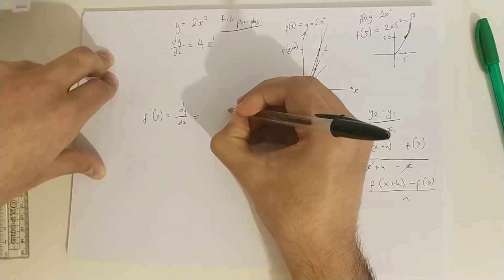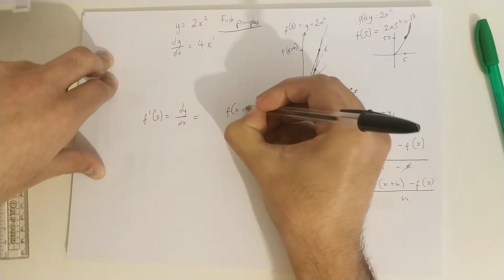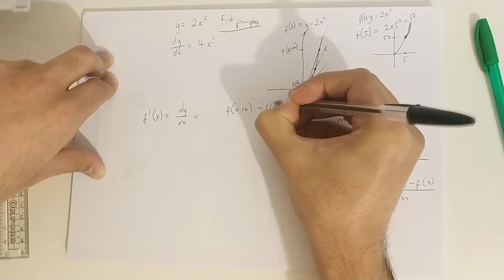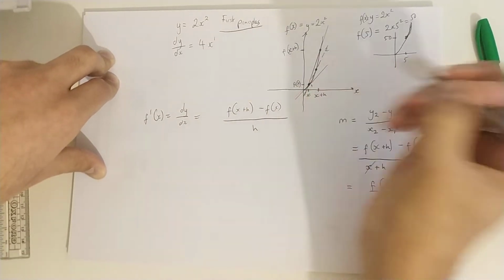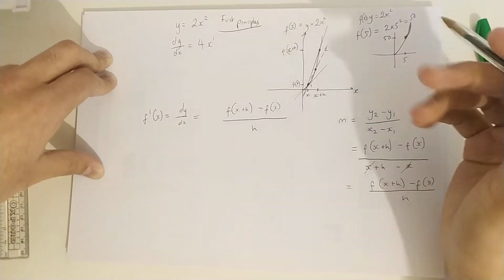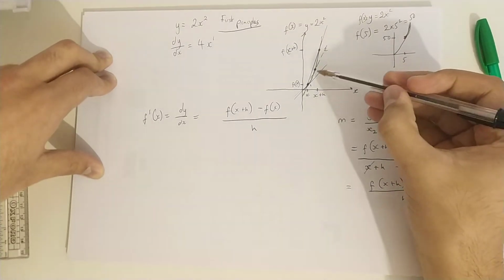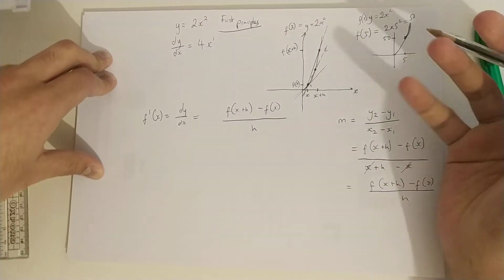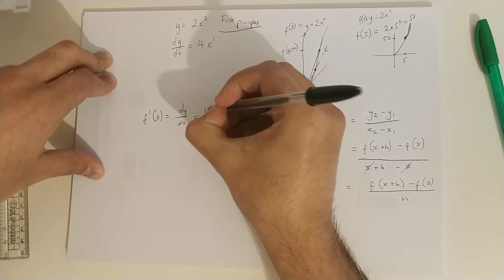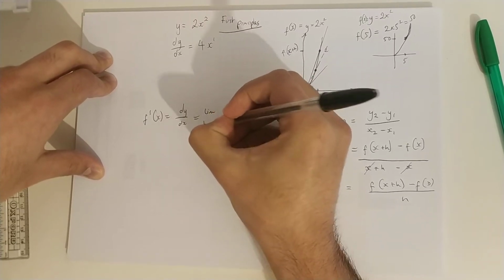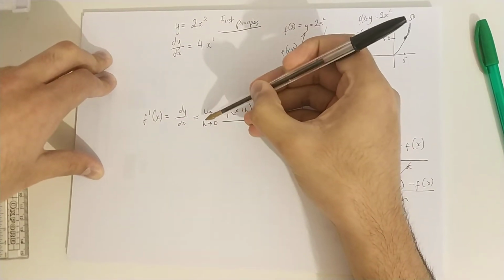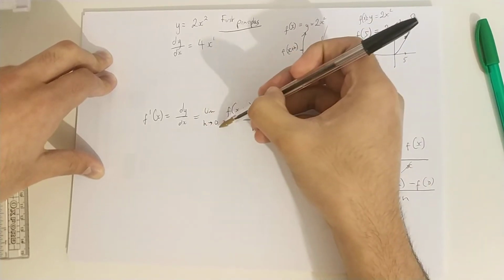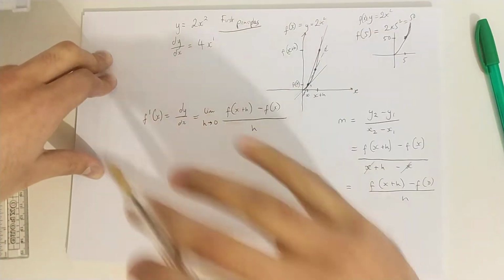It's going to be f of x plus h minus f of x over this h. But the only thing we need to ensure is that this h has to be getting smaller and smaller. And to make that happen, we use this little thing here, and it says we want the limit of this as h gets smaller and smaller and smaller.